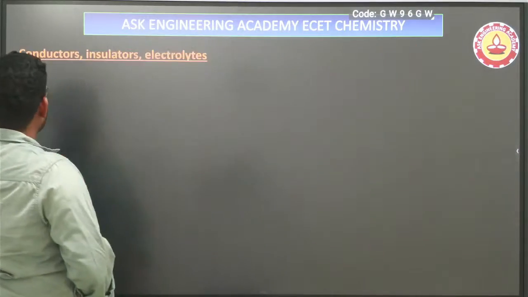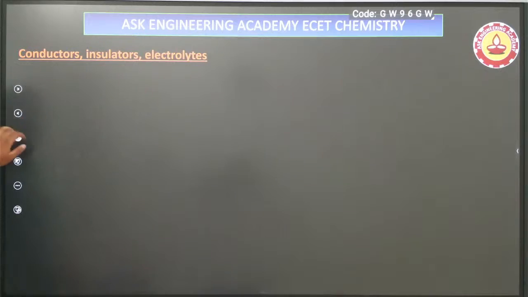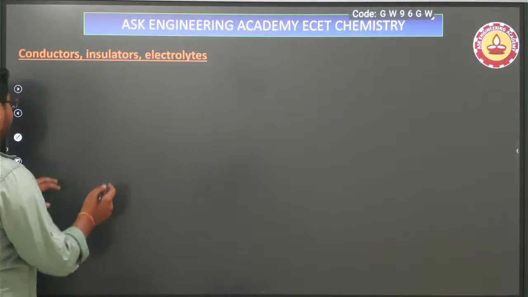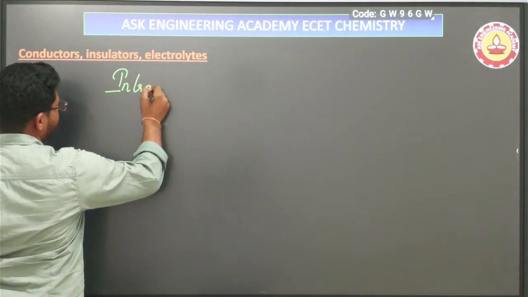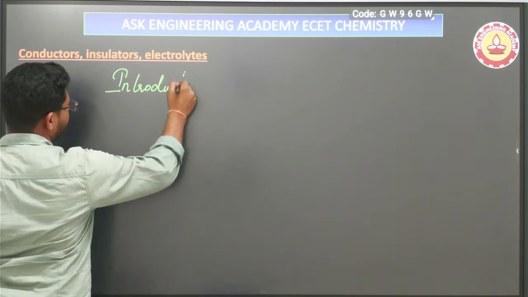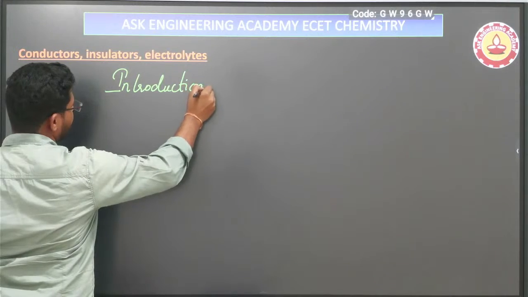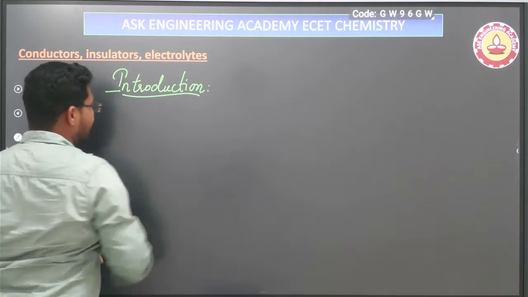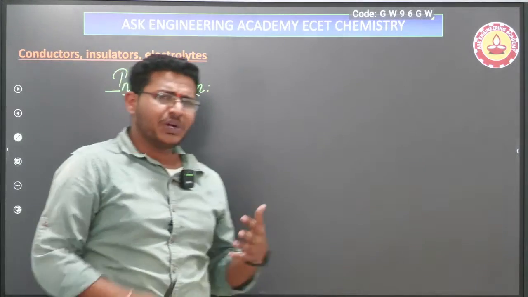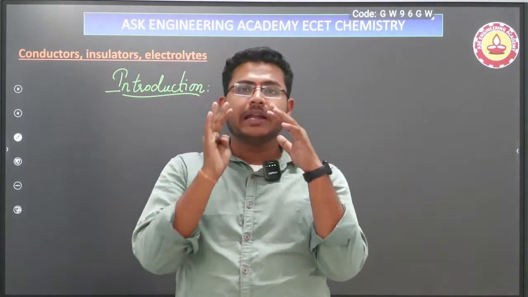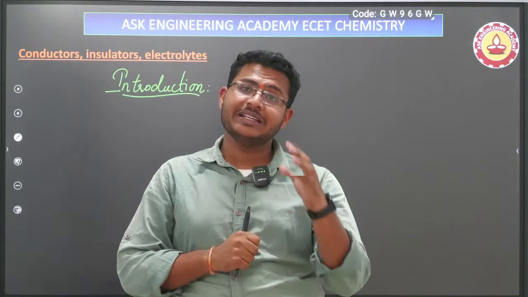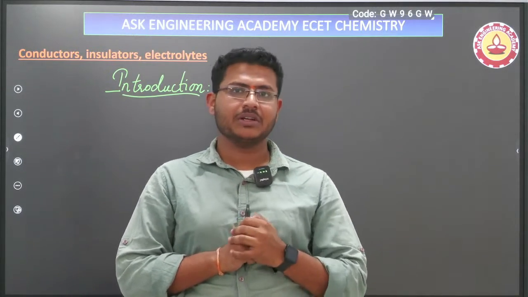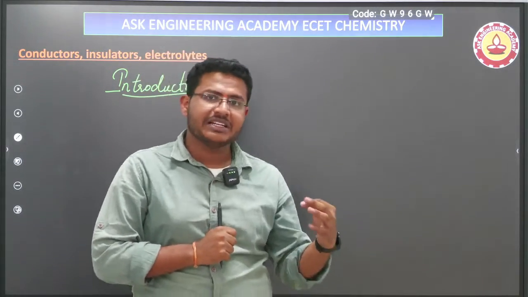Now, before moving on to conductors and insulators, I will give an introduction. What is meant by electrochemistry? Electrochemistry is a branch of chemistry, especially a branch of physical chemistry.